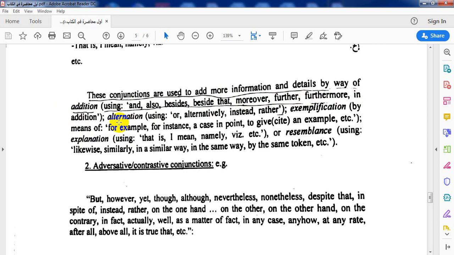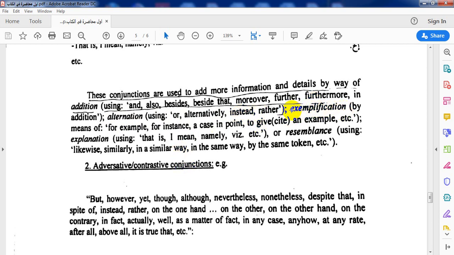Alternation, بمعنى التخيير, to choose or give more choices, using alternatively, instead, rather.